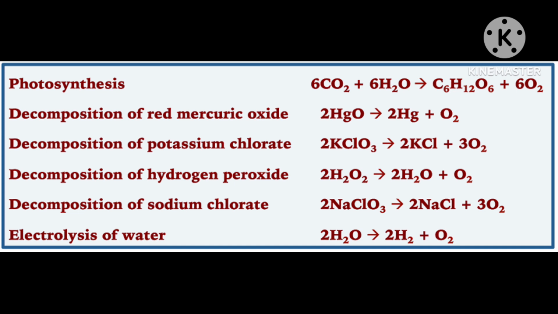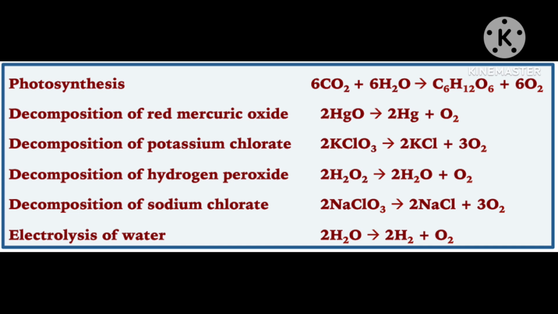See, high oxidation state. CrO3, chromic acid: Cr plus 3 into minus 2, that is minus 6, equal to 0. What is the value of Cr? It is minus 6 on the left side, on the right side it will be plus 6.